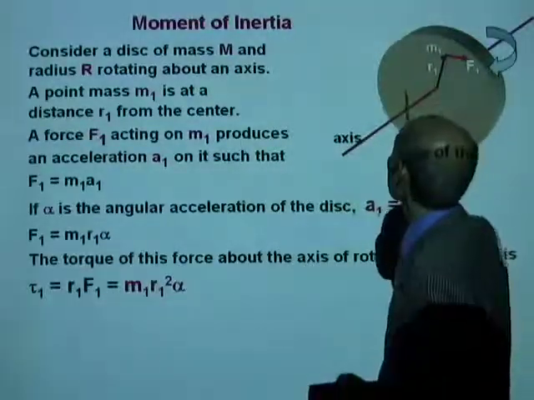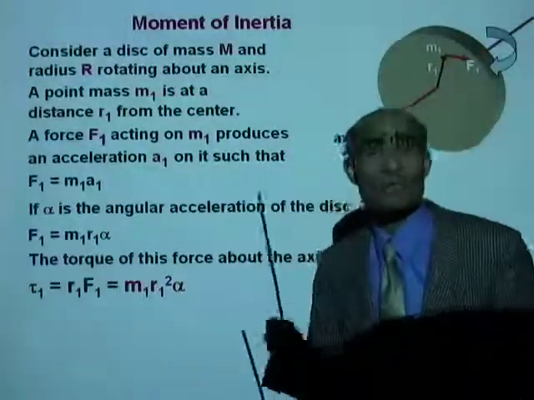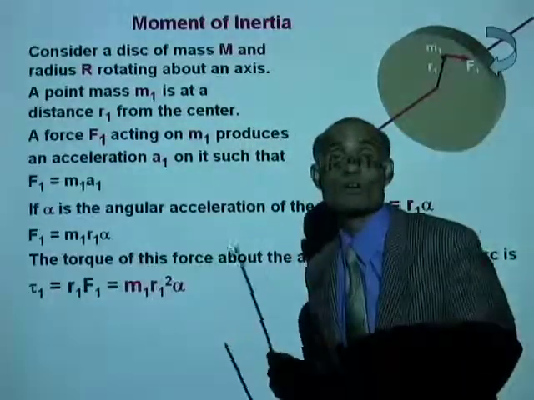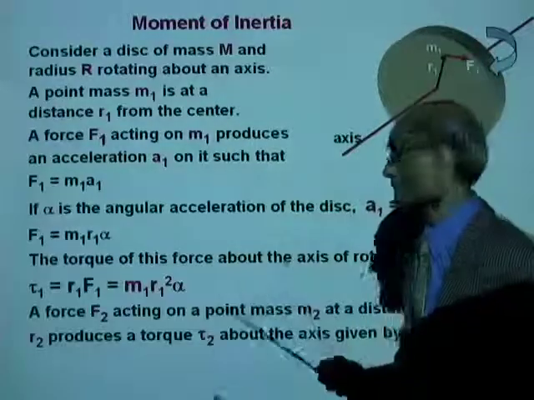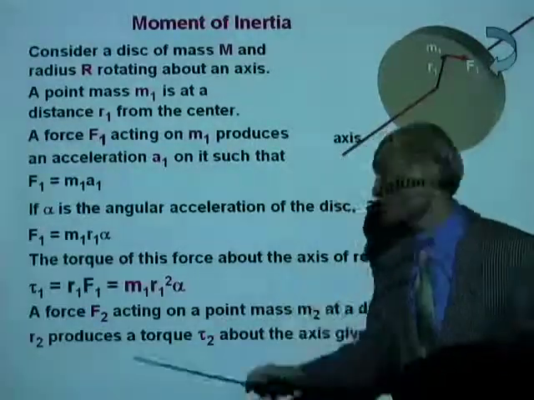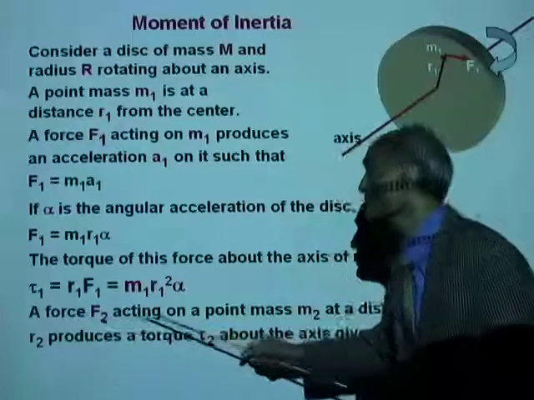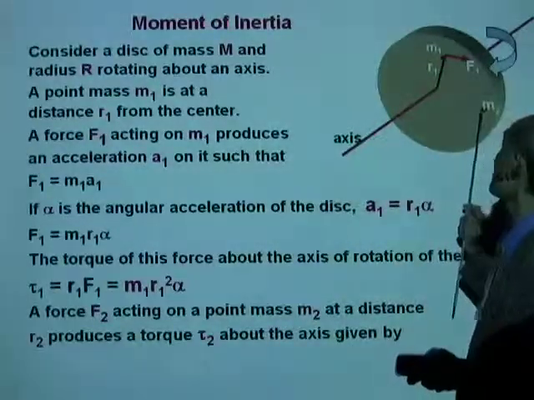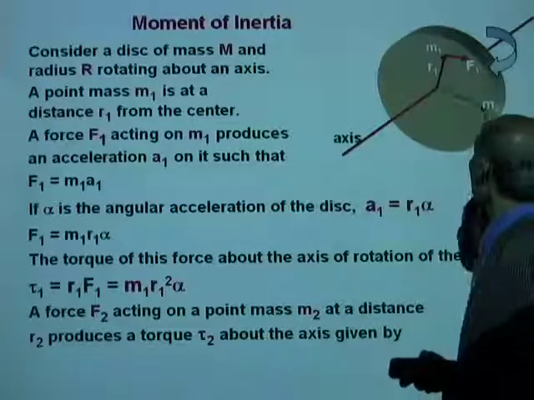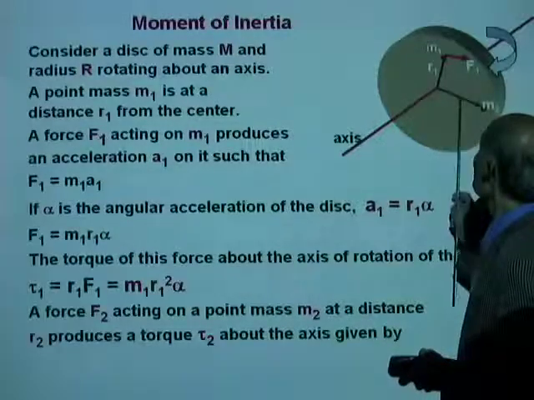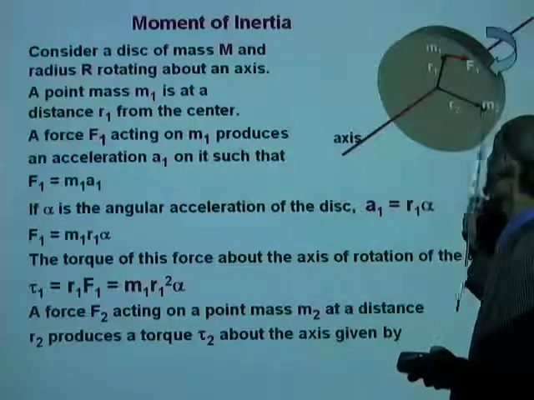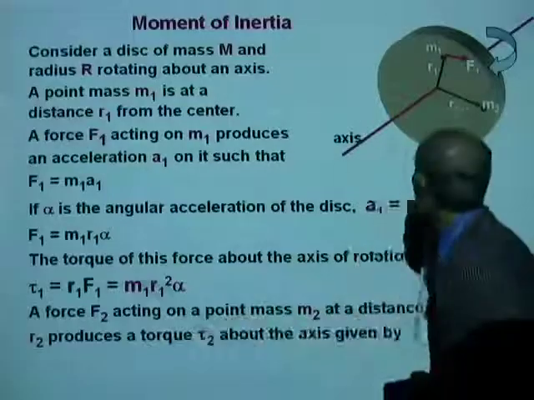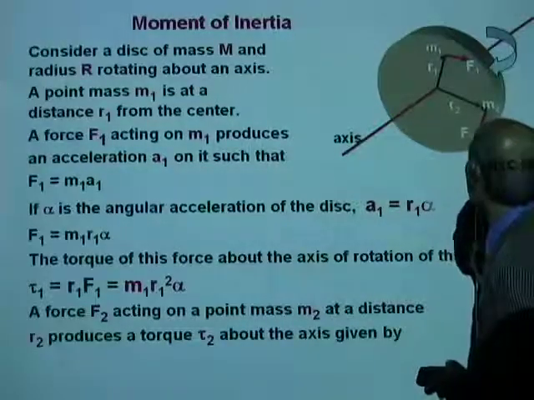That means if you now take any other particle on that rotating disk, there will be a similar torque on that particle. So let's consider now another particle, a force F2 acting on a point mass m2. This is a point mass m2, and this m2 is at a distance r2 from the axis of rotation. A force F2 is acting on it.